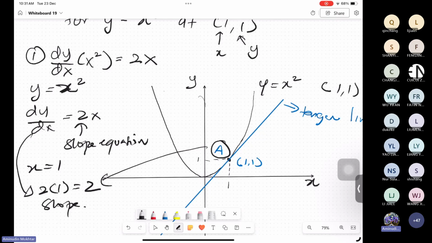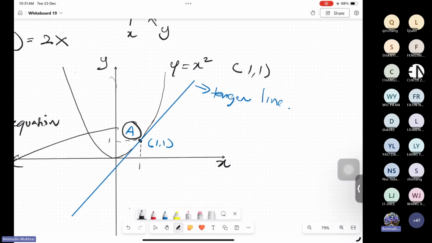At point A, there is a tangent line. In other words, the slope of the tangent line at this point must also be 2. So the answer is 2. The slope of the tangent line is 2. Why?